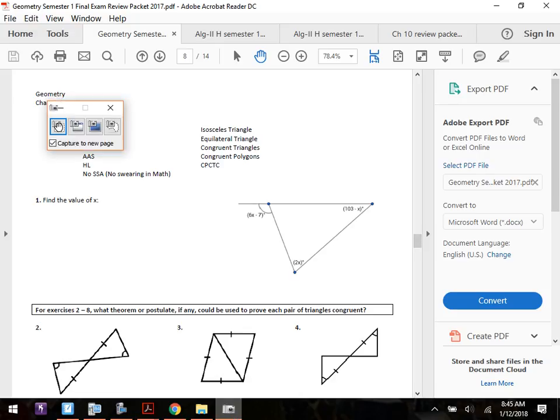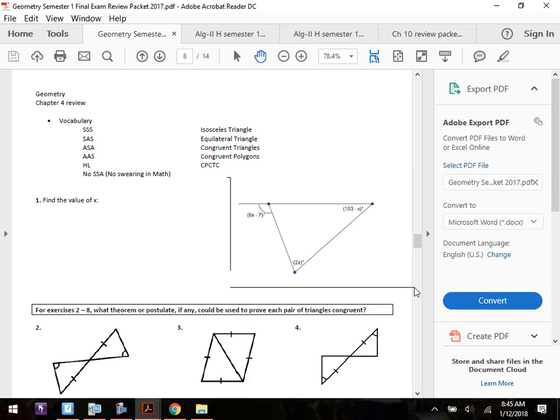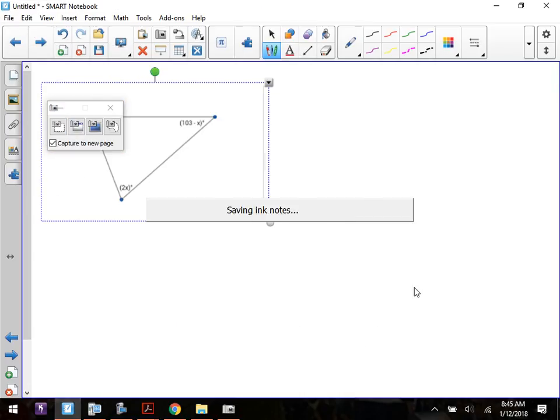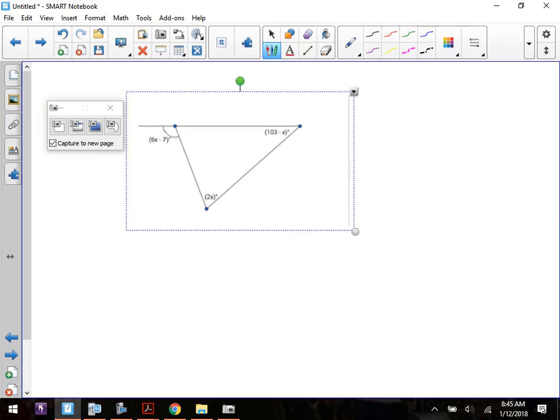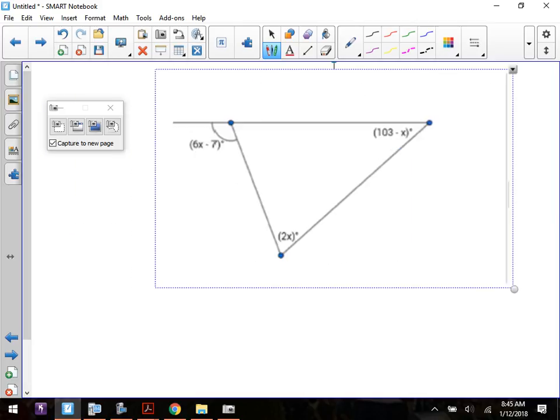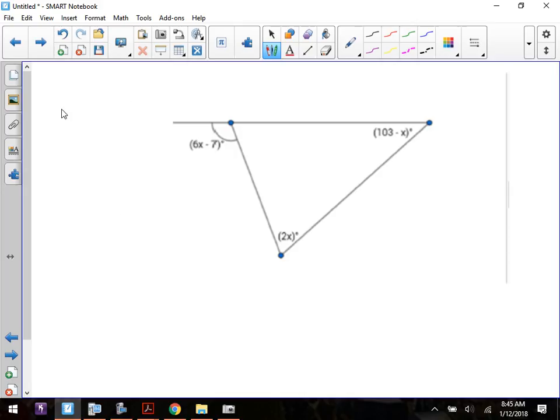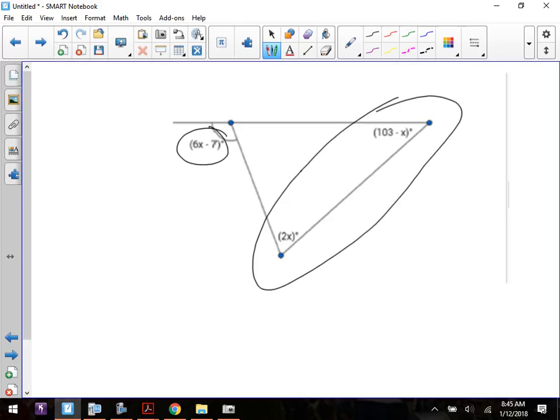So on this first one here, that one dealt with what we call the exterior angle, which was the angle on the outside. And what we did was, this angle is always equal to the sum of the two it doesn't touch.